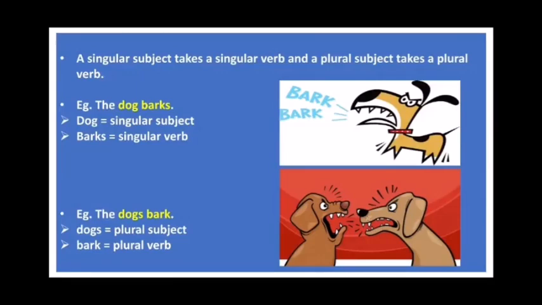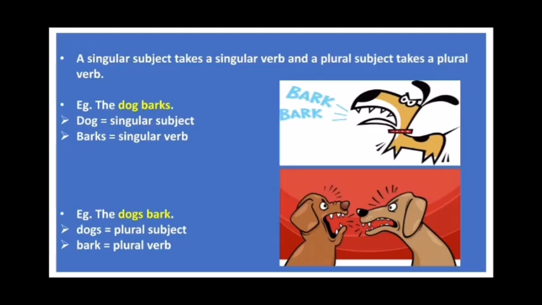Now, a singular subject takes a singular verb and a plural subject takes a plural verb. Example, the dog barks. So, here dog is the singular subject and barks is the singular verb.